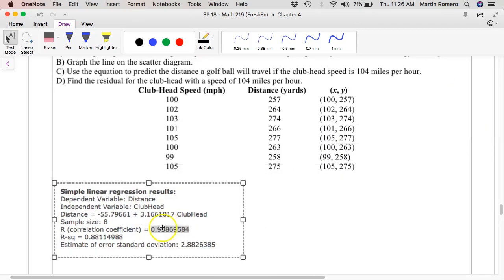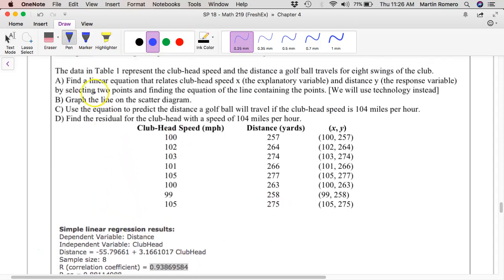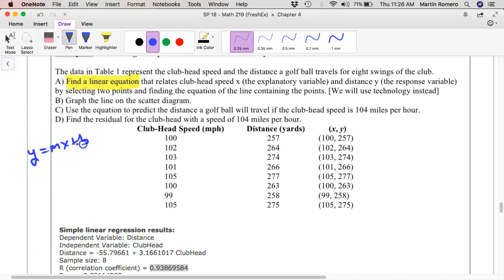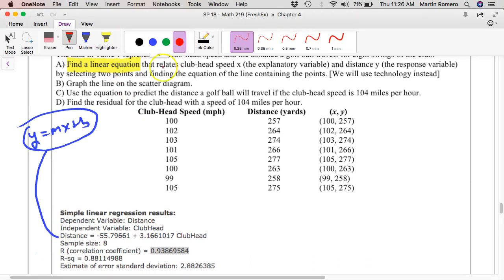So we have that. And then right here, where it said find a linear equation, remember from algebra, linear equations: y equals mx plus b. That's a linear equation. That is technically right there. That's where you would find the equation.